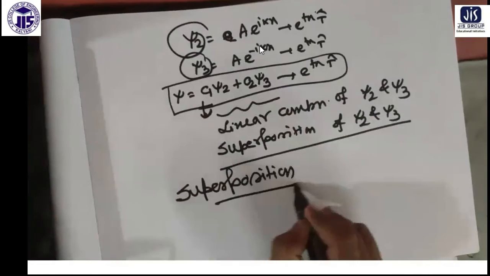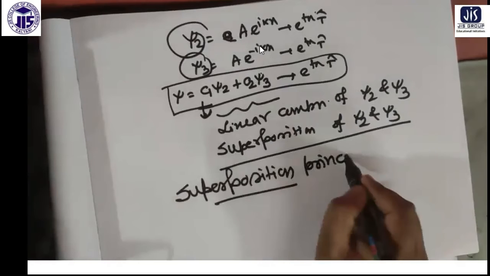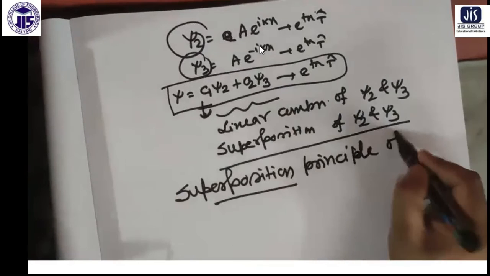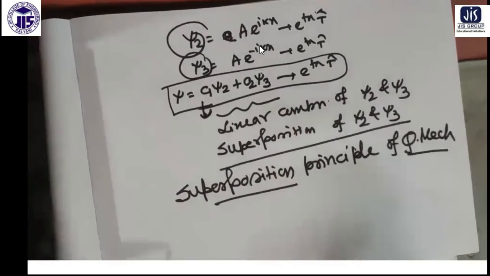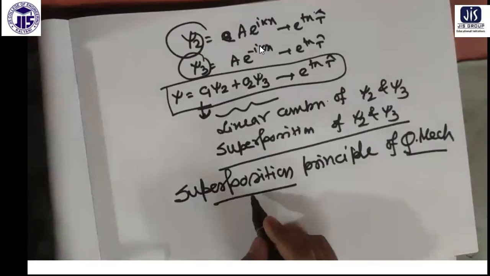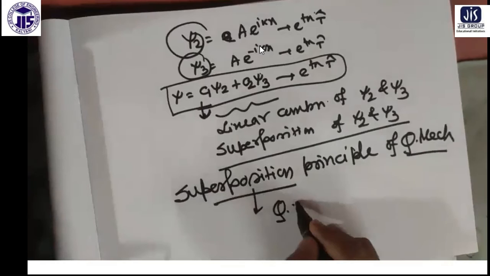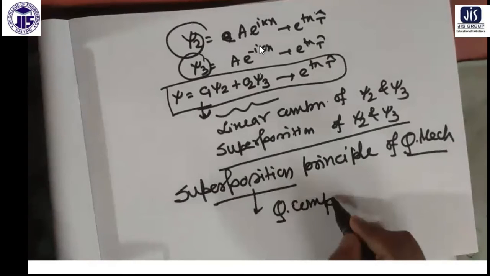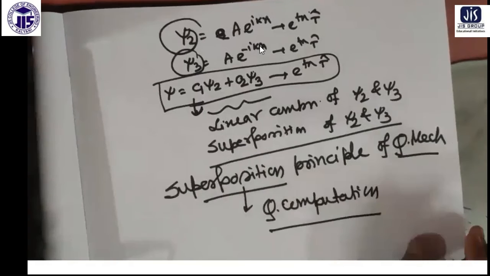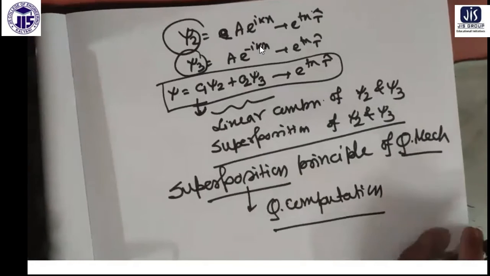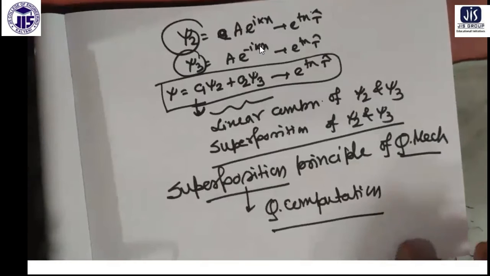Now the superposition principle is an extremely important idea of quantum mechanics. The entire field of quantum computation is relying on this idea. It is very simple: if individual functions are eigenfunctions of an operator, then their linear combination will also be an eigenfunction of the same operator.